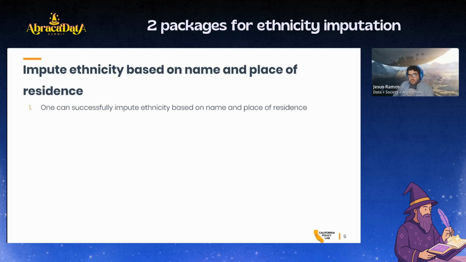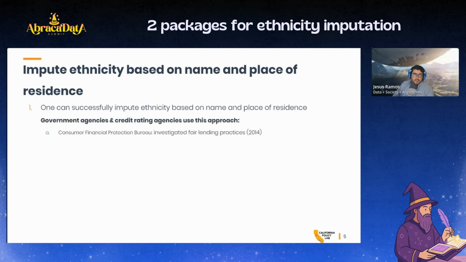Right. So where have we seen these 2 models used in the wild? We have seen them in the Consumer Financial Protection Bureau. They investigated lending practices, and this is a credit card company giving details of their customers to this research group, but not their ethnicities.